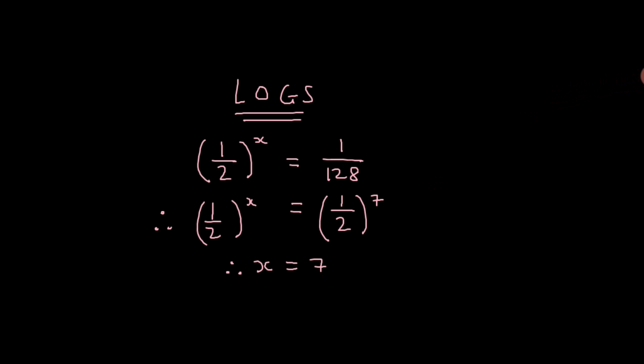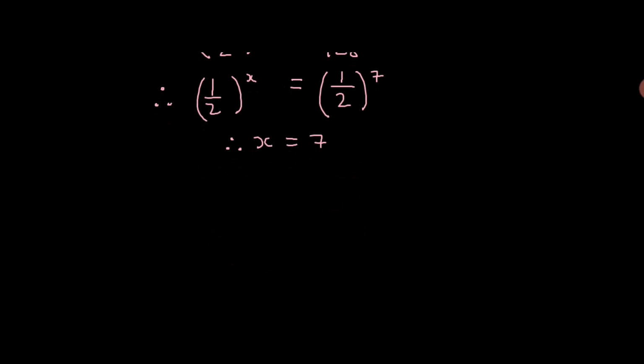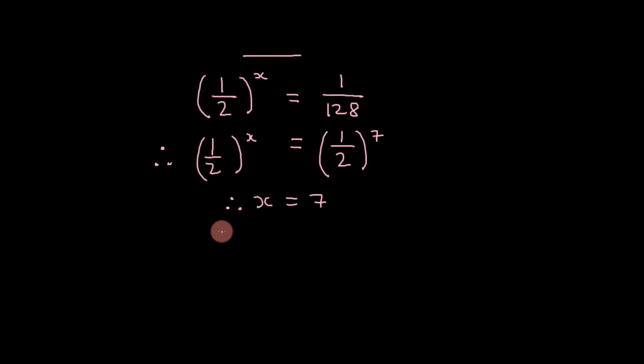What if instead we had a half to the x, not equal to 1 over 128, but 1 over 130 instead. There's no way we can make the bases the same here, because 2 to no power will give us 130.